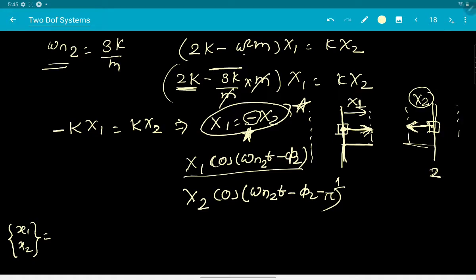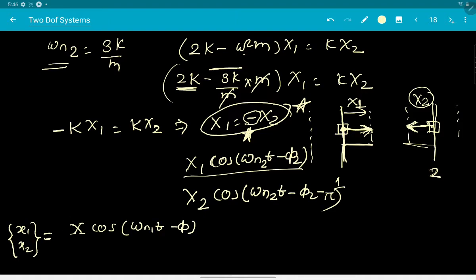So how can you generate that? You will be able to generate it by superposing the two solutions that you have obtained. In the first case, let me say the amplitude of mass number 1 is capital X, and it goes as X cos of omega n1 t minus phi.